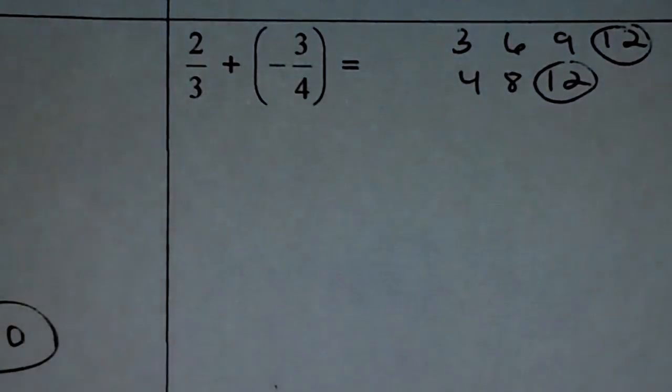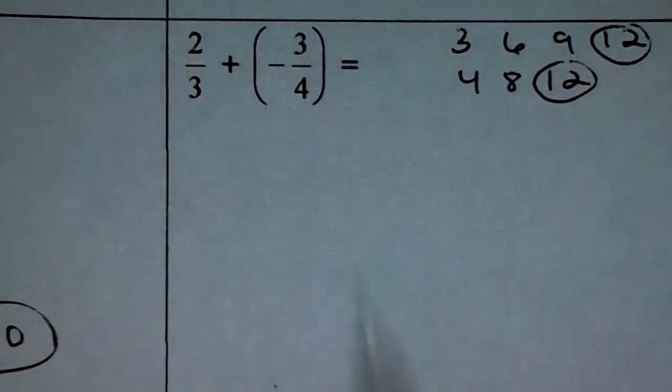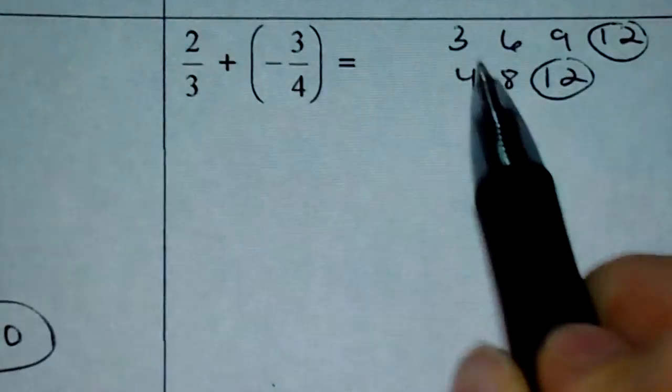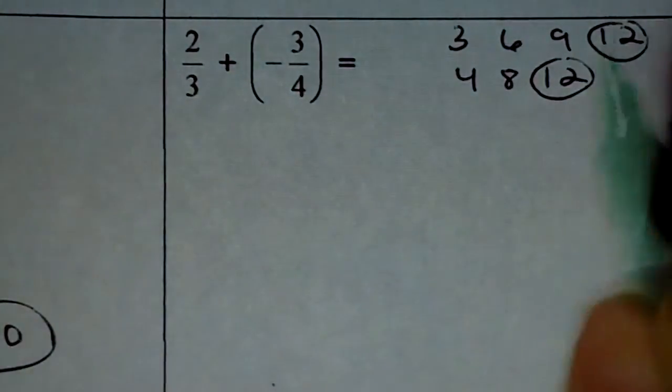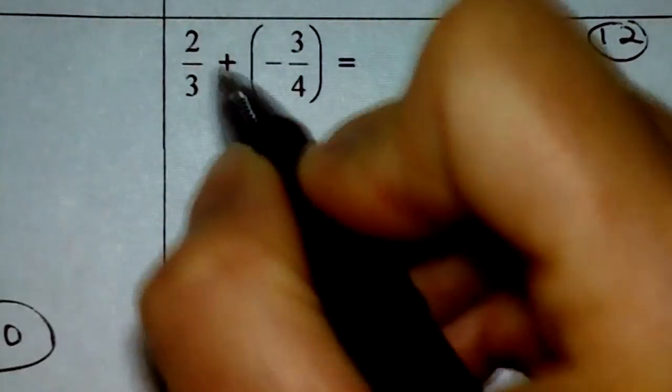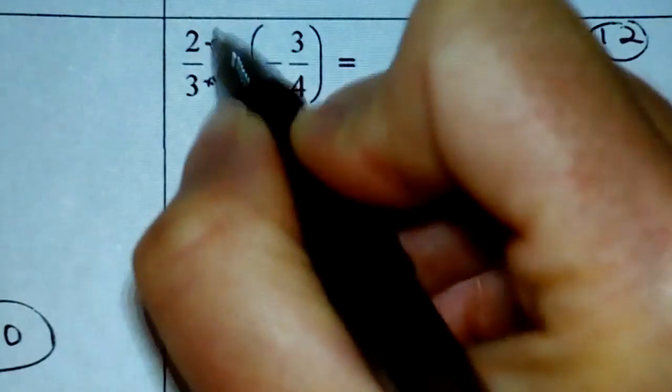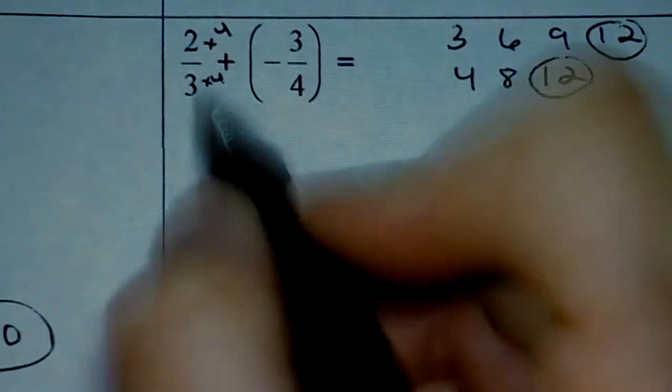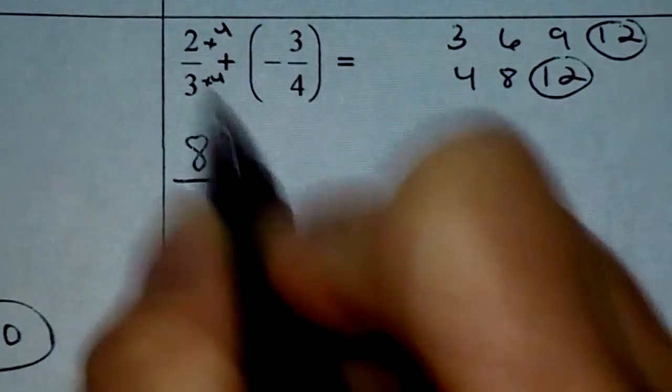But if you know your multiplication facts, it'll go a lot faster for you. So the LCD is 12. I'm going to ask myself, 3 times what is 12? Well, we can see here that it took 4 3s to make 12. So to change this fraction, I need to multiply both by 4. So that would become 2 times 4 is 8, 3 times 4 is 12.